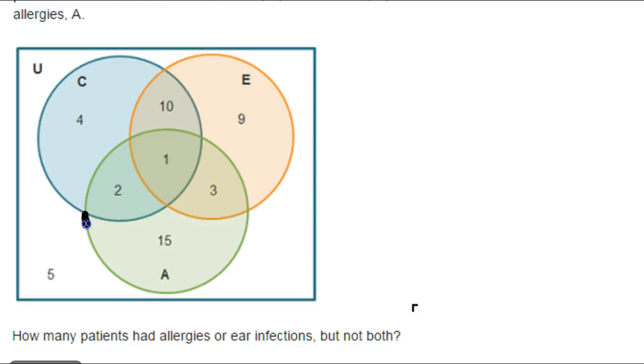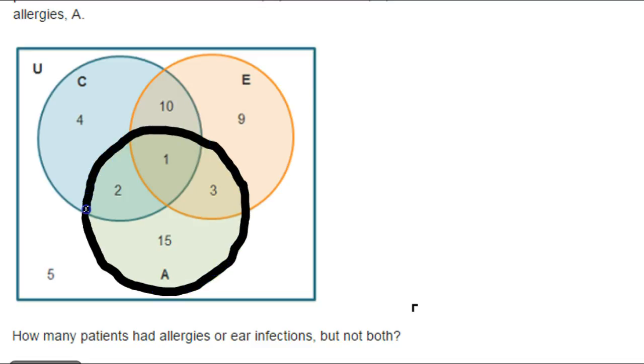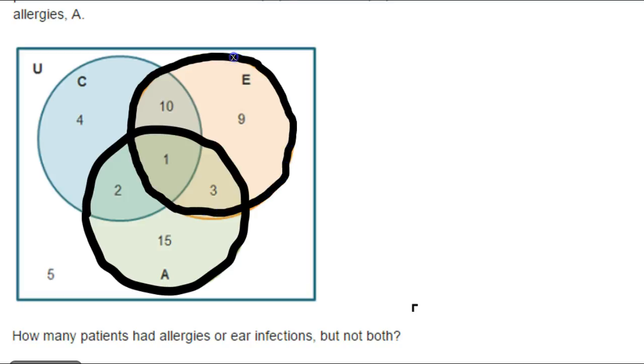Here's allergies, and here's ear infections. So allergies or ear infections would include everything inside of these circles. But then it says, but not both.